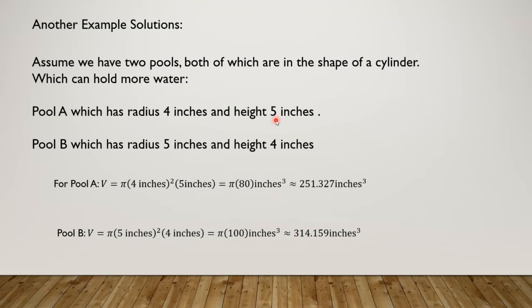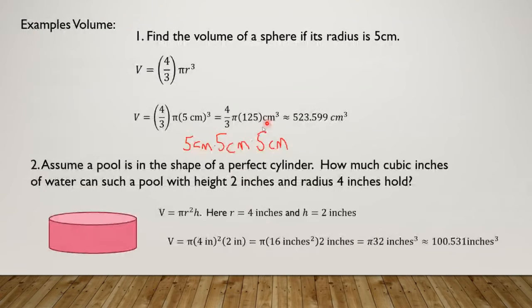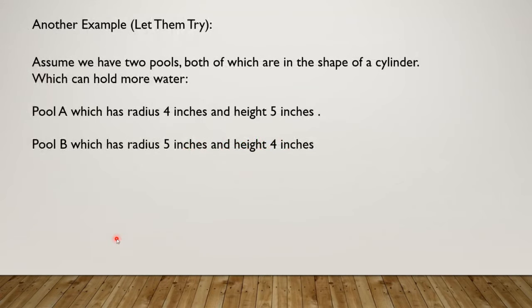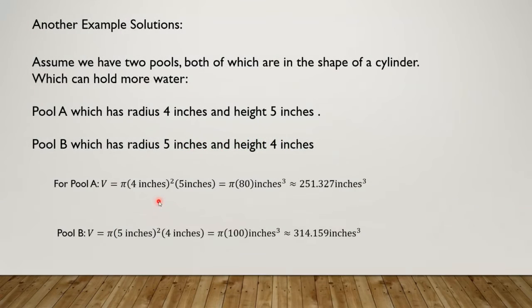So how do we get the volume? We're going to use this formula here, pi r squared times the height. And again, that's because we have a cylinder. So we plug it into the formula. We have pi times 4 inches squared times 5 inches.